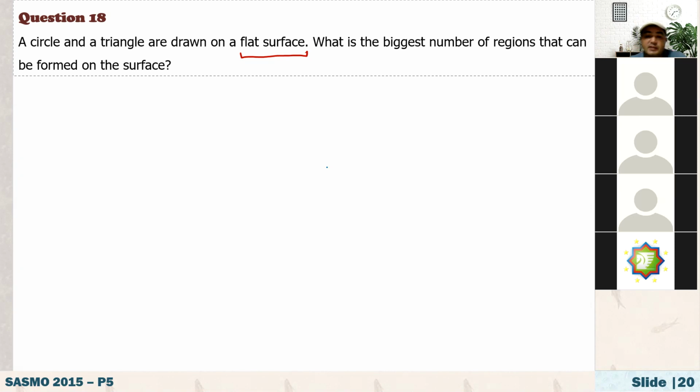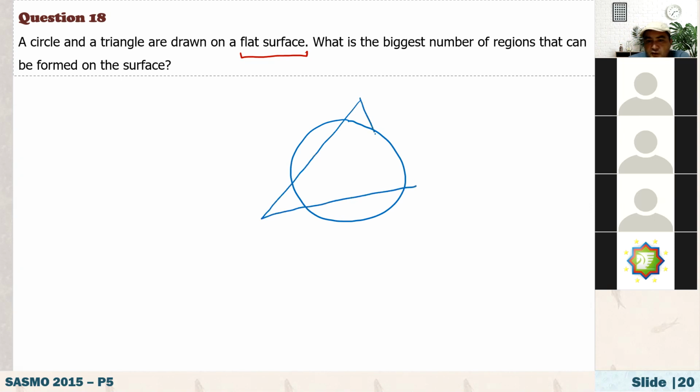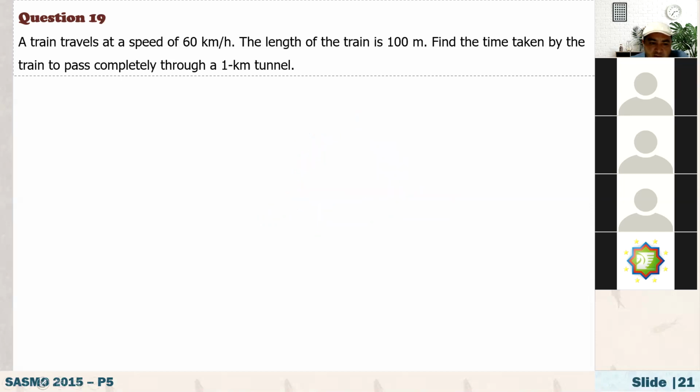Now draw this. Let's see. How many can you see? Again, just see here a circle and a triangle, right? So that is our circle and that's our triangle, in such a way that it's something like this. So now it is 1, 2. Let me just change the color here.